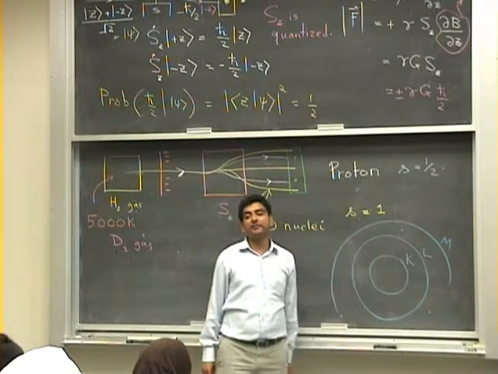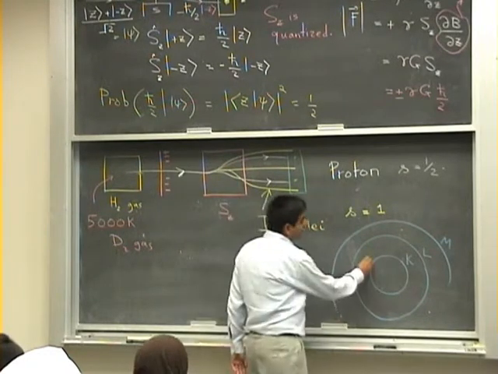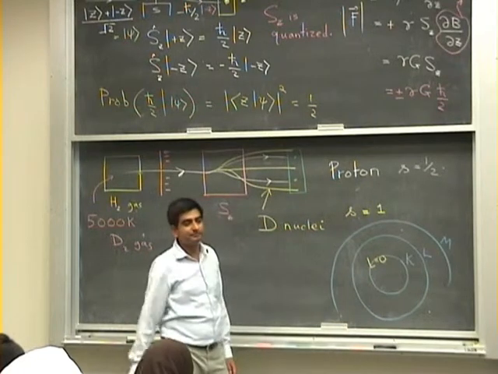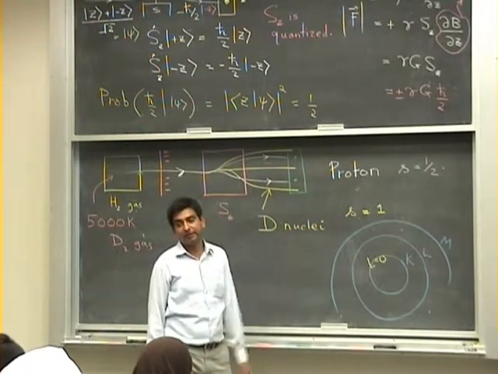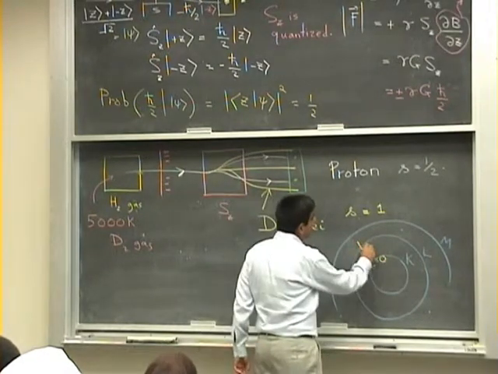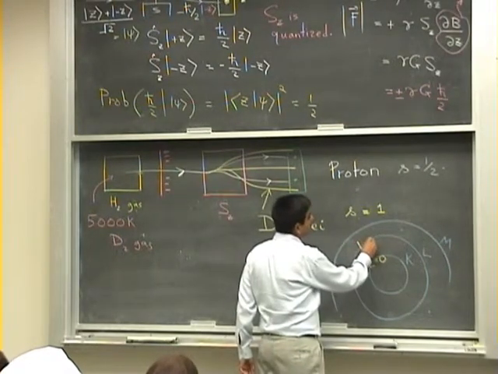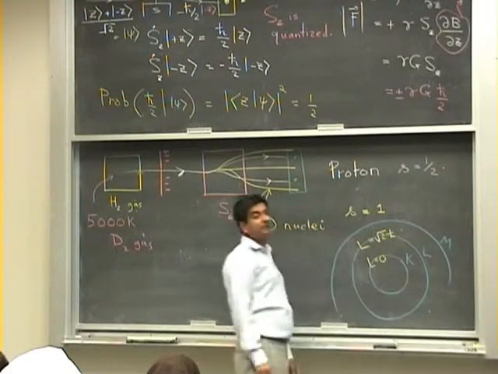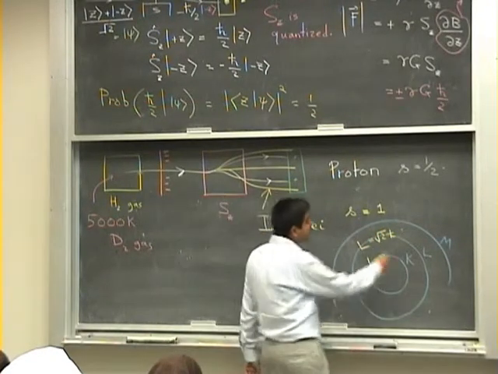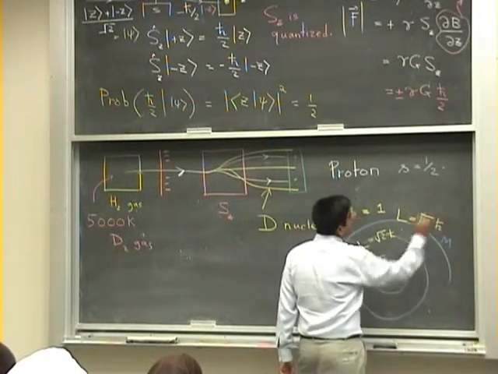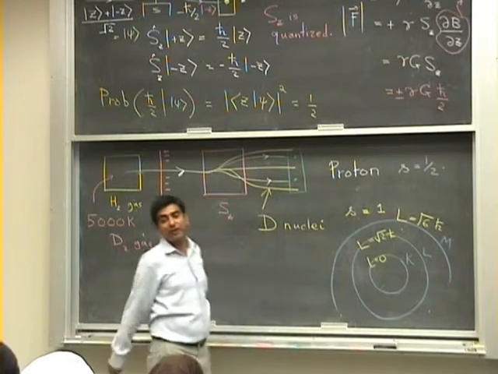In the K shell, it has zero orbital angular momentum, but it has some spin angular momentum. In the L shell, it has some orbital angular momentum in units of h bar, and it also has some spin angular momentum. In the M shell, it has some orbital angular momentum, and it also has some spin angular momentum.